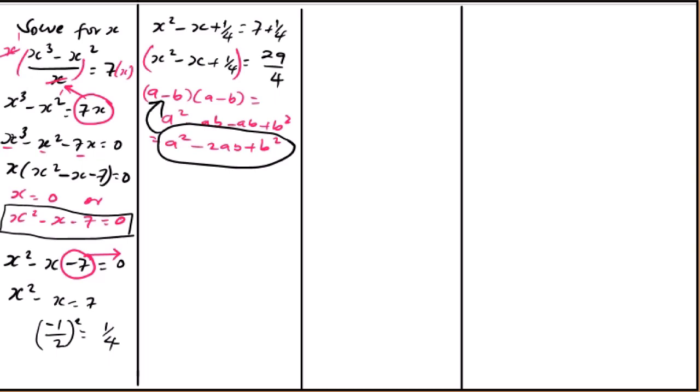So here x squared becomes your x, then we have minus a quarter; the root of a quarter is half, and then you repeat it.